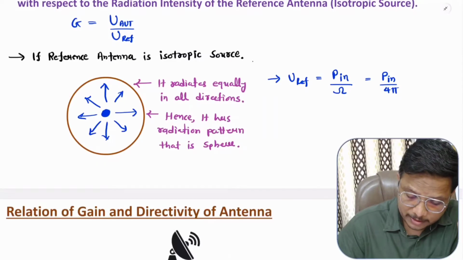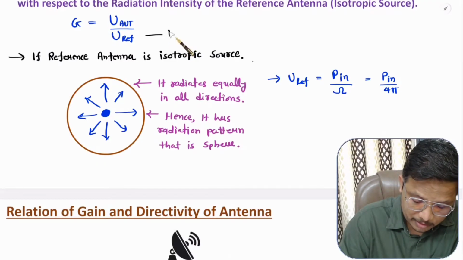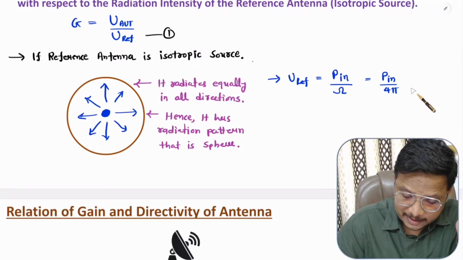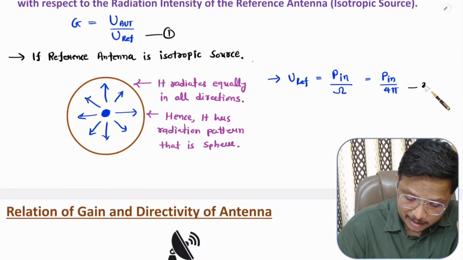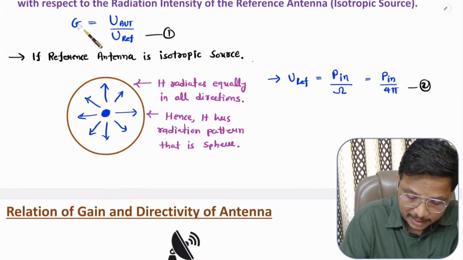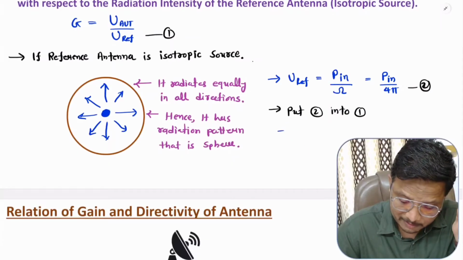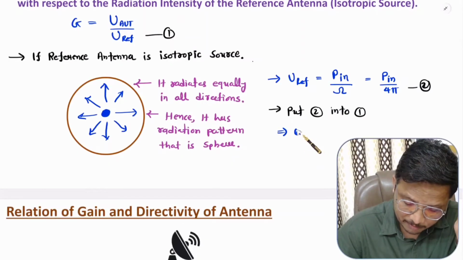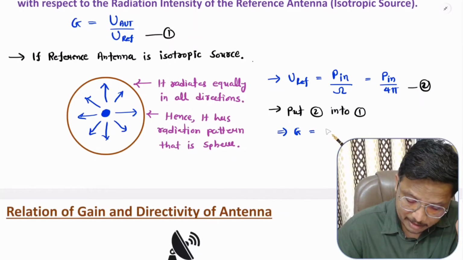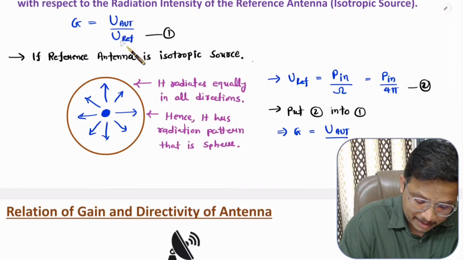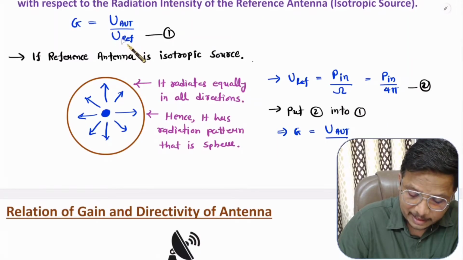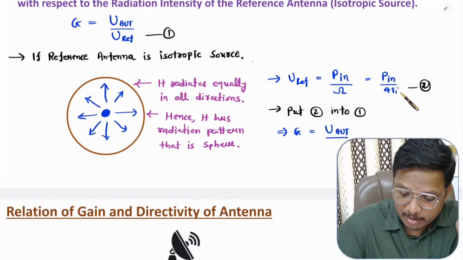So what we can do is substitute this reference antenna's radiation intensity in the basic equation of gain. Now we will have the modified equation of gain, that is radiation intensity of antenna under test divided by radiation intensity of reference antenna, that is P in divided by 4 pi.